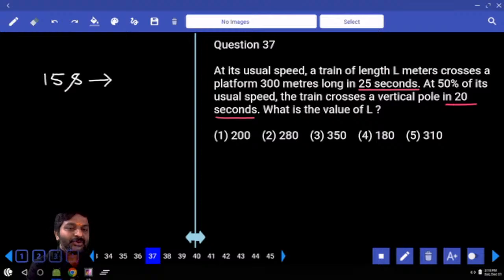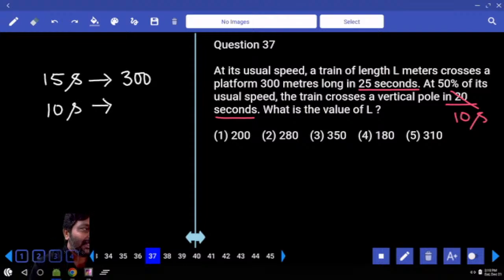Correct? So to cover platform length of 300 meters, it is taking 15 seconds. With original speed, how much time is it taking to cover the distance? In 10 seconds, whatever the distance that it is covering will be equal to length of the train only. 15, how many times? 10, 20s, over.